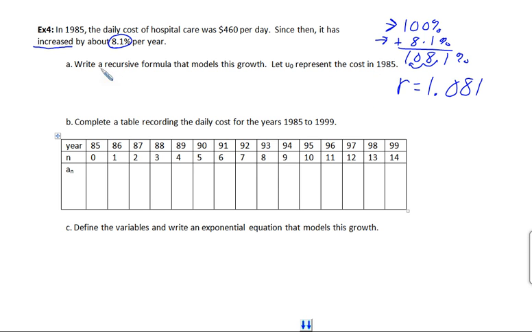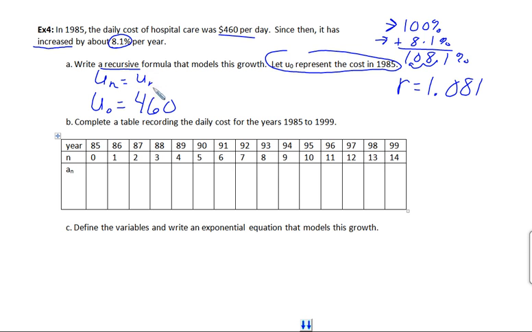So the recursive formula, and this is a very important statement, we're letting u sub 0 be the cost for 1985. 1985 is $460 per day. And what is happening each time, we're taking the previous term and multiplying it by 1.081.